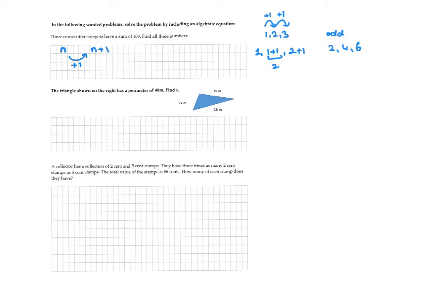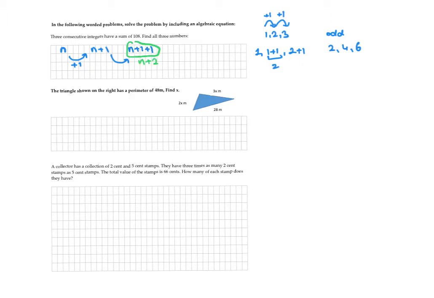Then another one more is n plus 1 plus 1, which is the same as n plus 2.